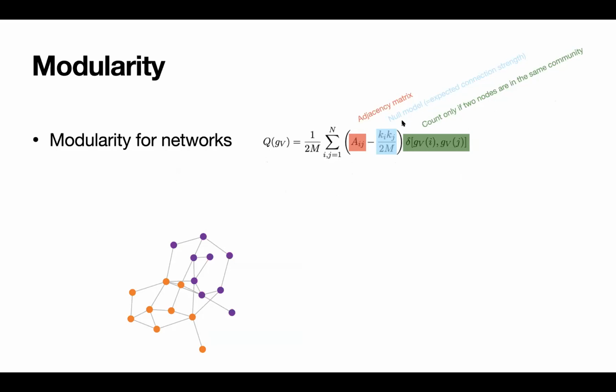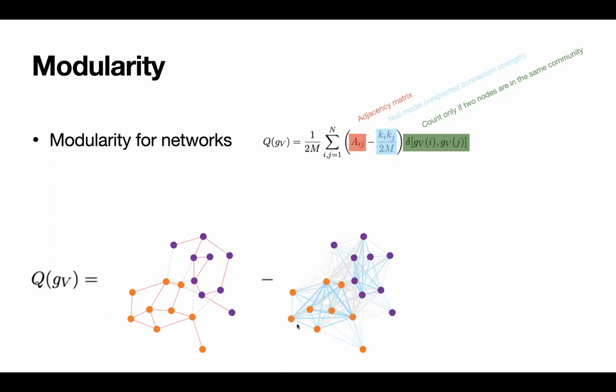And we have to subtract a null model, which is the expected connection strength. Most widely used is the product of the degrees of the two nodes divided by the number of edges. So if you have this partition here, we sum over all nodes that are inside of the communities, and we subtract an estimated null model where we again only count the edges that are inside of communities.